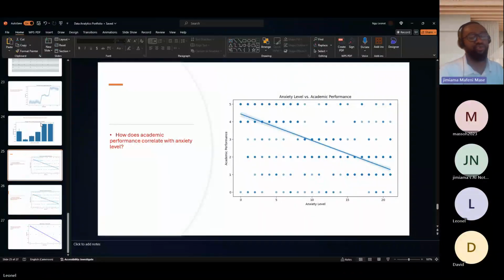Even though you didn't see any relationship between academic performance 0 and 5, you can create a hypothesis that there is no difference in anxiety level if students have a performance of 0 or a performance of 5, and you test that hypothesis to confirm that when students have a performance of 0 or a performance of 5, there is actually no difference in the anxiety level. So that is another good hypothesis for you to develop.